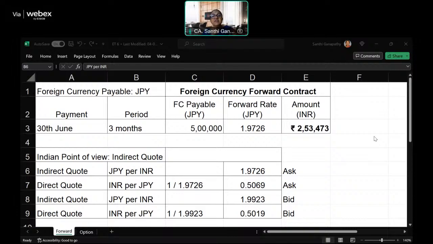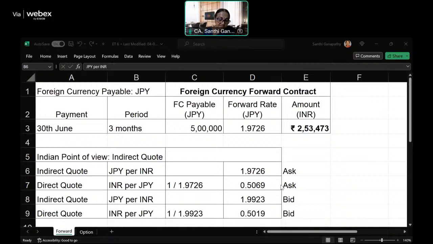Then another way you can look at it is you can convert it into a direct quote and then see which is more, which is less. Always bid rate is cheaper than ask rate is costlier than bid rate. No confusion there. But in a direct quote, directly bid rate will be less than ask rate. But in an indirect quote, it will be the opposite.